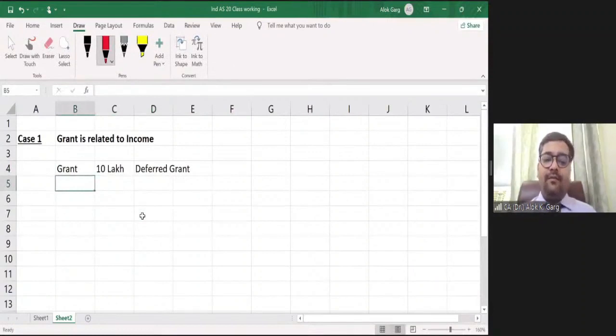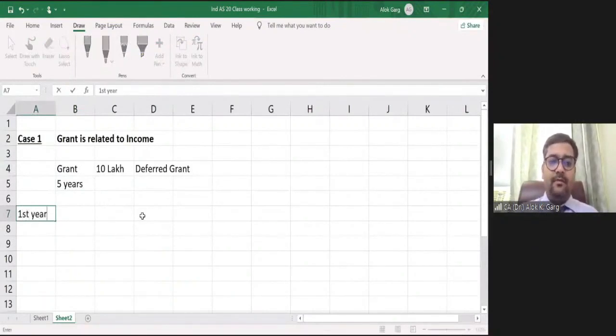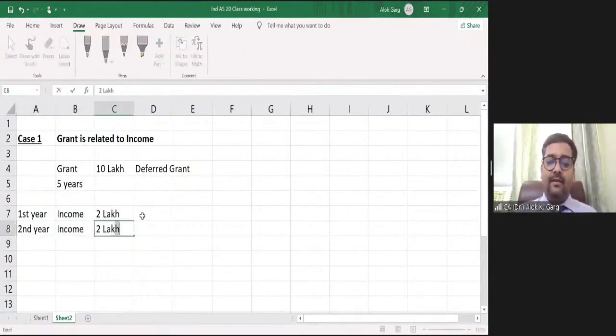And this grant is for 5 years. In the first year, the company has recognized income of rupees 2 lakh. In the second year, the company has recognized income of rupees 2 lakh.